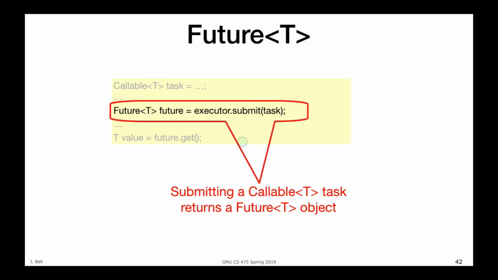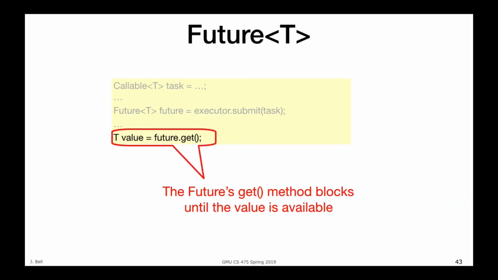The other code that may exist between calling submit and get will run in this thread. Then when our thread gets up to the highlighted line, calling the get method, if that task has completed, this will just return the value right away. If that task has not completed yet, it's going to wait until it is completed. It's like saying wait for that task to complete.